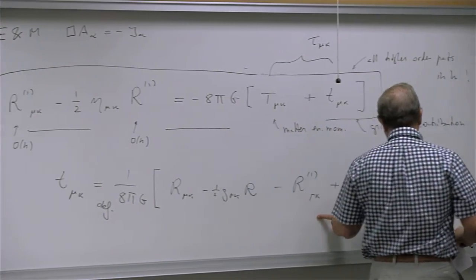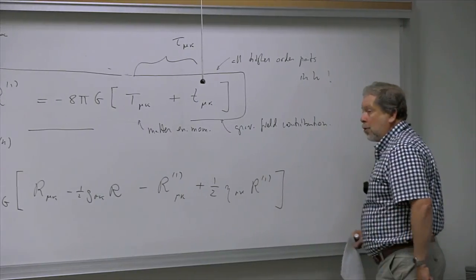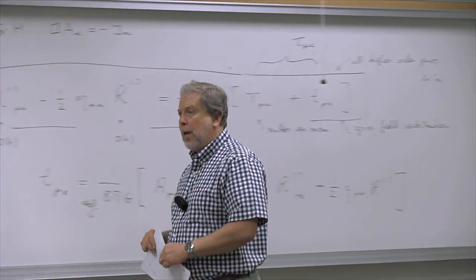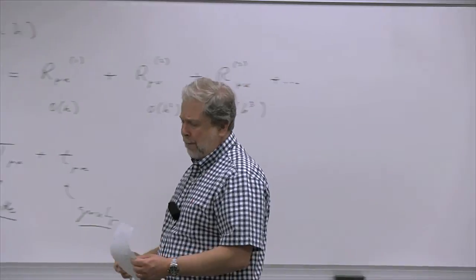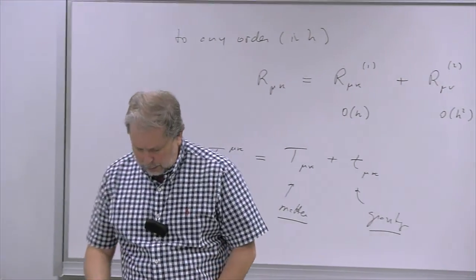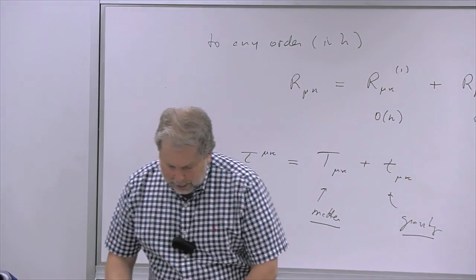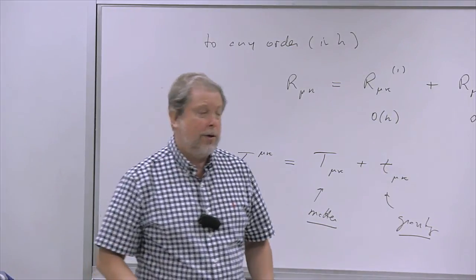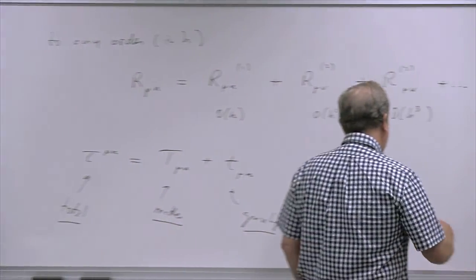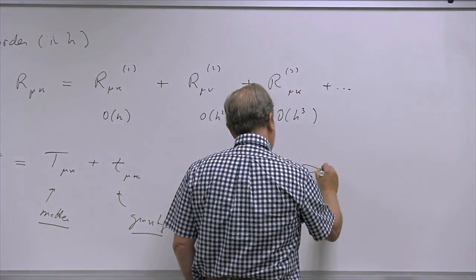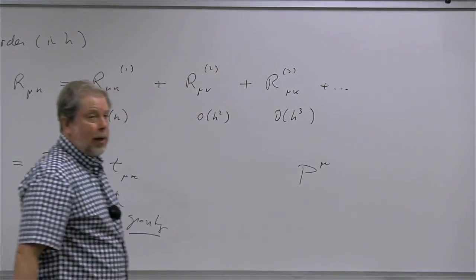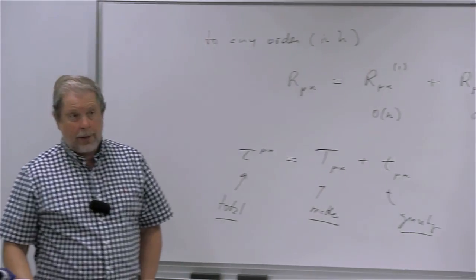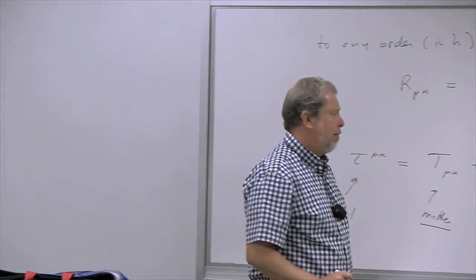This expression here has an infinite power series in H, right? It doesn't terminate, it goes on indefinitely because you have this complicated nonlinear dependence on the metric, right? And so this is all nice and allows one to define, for example, the P mu, the total energy momentum for a distribution of gravitational fields.